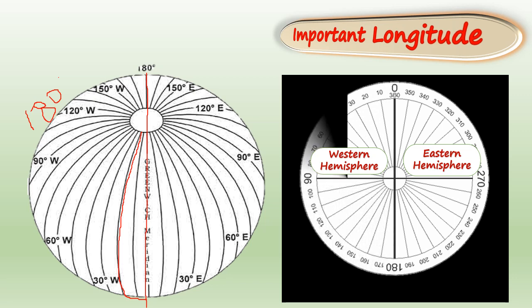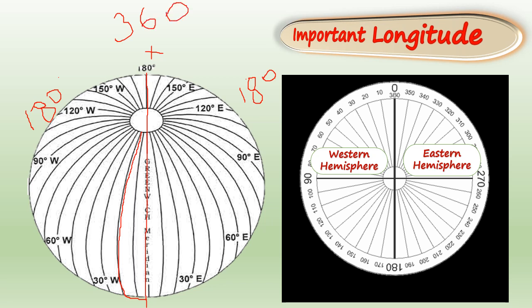So 180 and 180, it makes how much? 360 degrees. So how many meridians are we having? We are having 360 meridians. Okay, children. So 180, let me write here also. Yes. So 180 plus 180 is equal to how much? 360 meridians.